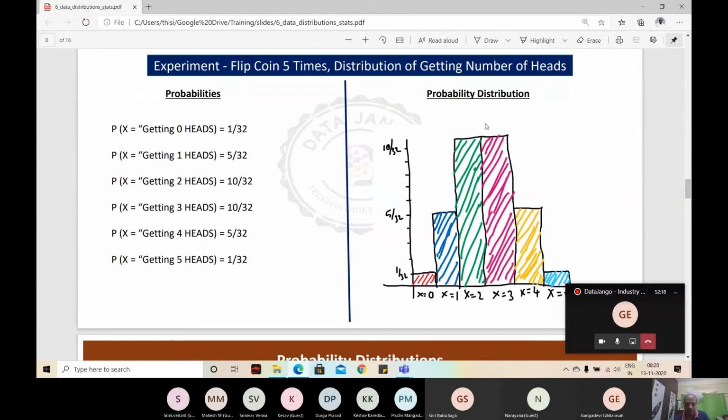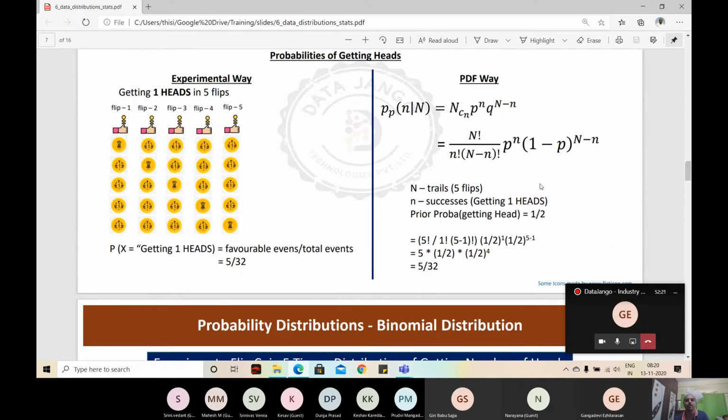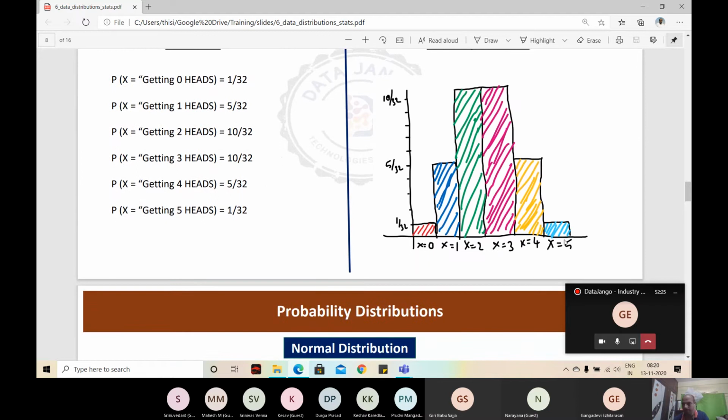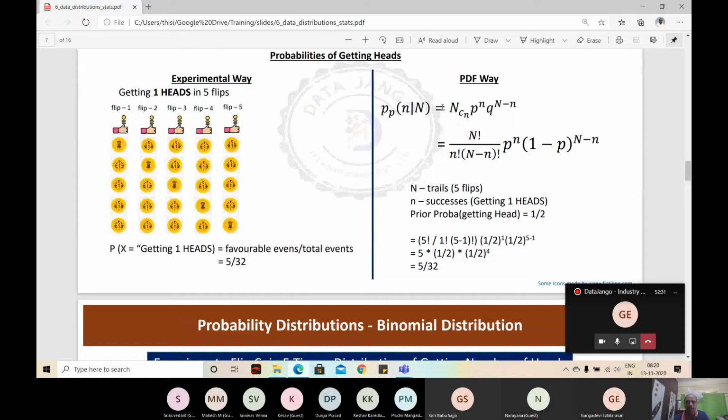Once we know the distribution, we can use that formula. Whatever data we have, we plot it, and if we find a bell curve, we can immediately take this formula and calculate the probability of whatever number of outcomes we are looking at.